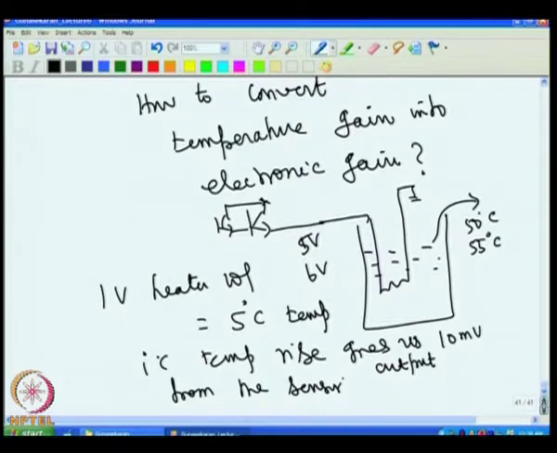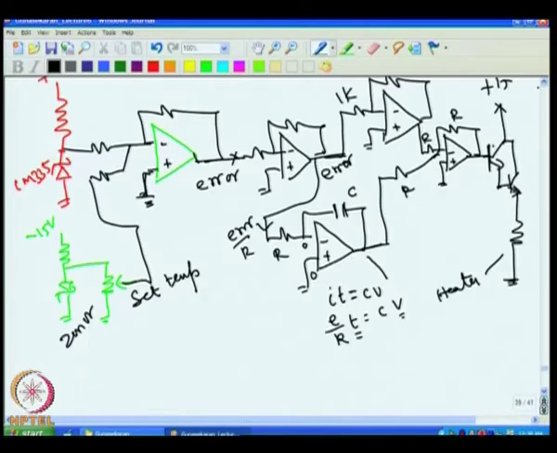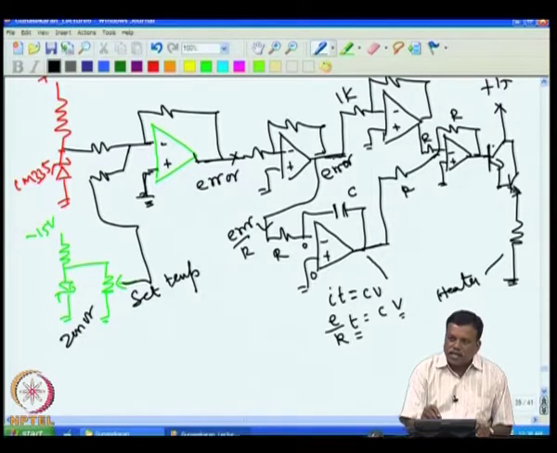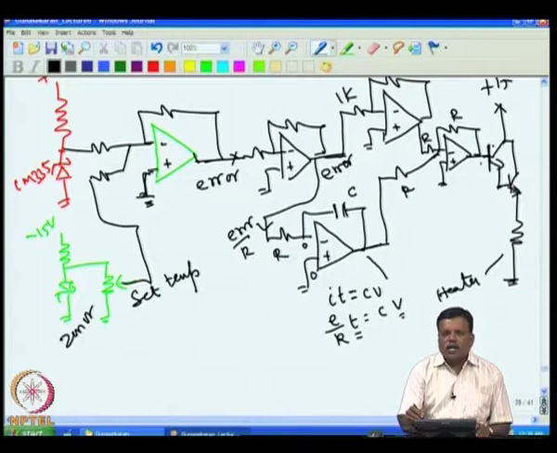That means, if 1 degree change occurs, then I will have 10 millivolt change in the error voltage, because if you go back to our circuit and see, 1 degree change here will give us 10 millivolt change here. Now, the temperature gain is supposed to be 100, because we want a temperature gain of 100. That means 1 degree change in temperature should produce a voltage change here corresponding to 100 degree.